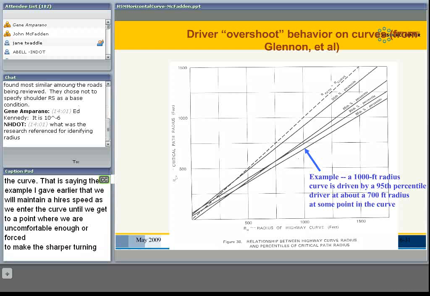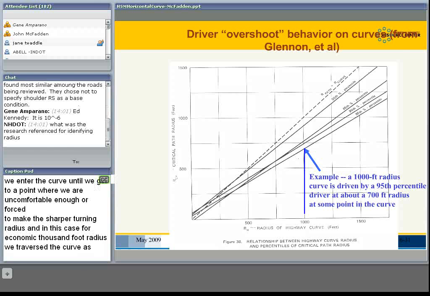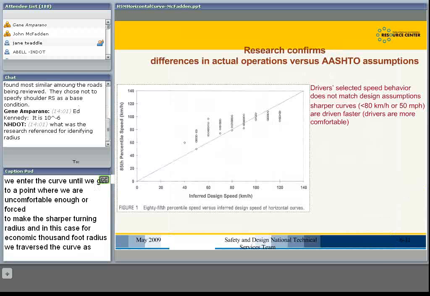This slide illustrates that, for example, a 1,000-foot radius curve is driven by the 95th percentile driver as though it were a 700-foot radius curve at some point within the limits of the curve.